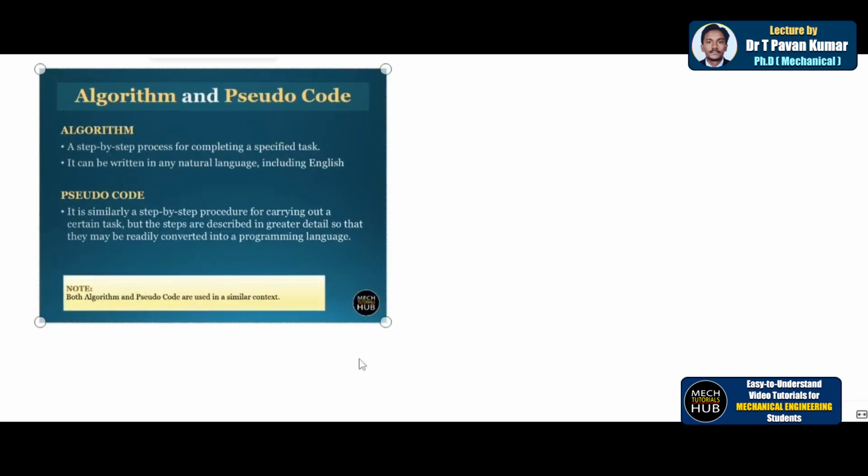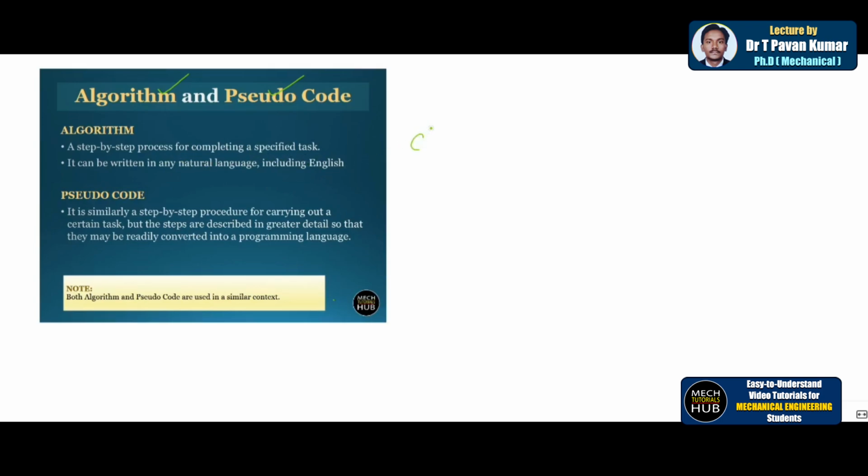In this slide, I'm going to discuss, as I said, that before C language there used to be a communication procedure or process which we call algorithm and pseudocode. What is an algorithm? It is a step-by-step process for completing a specified task.